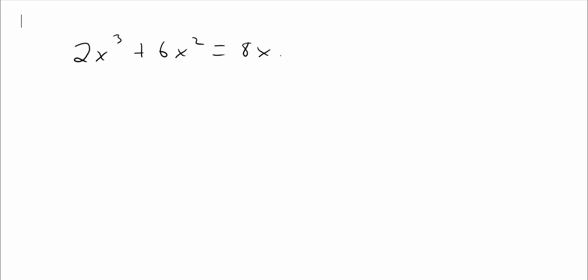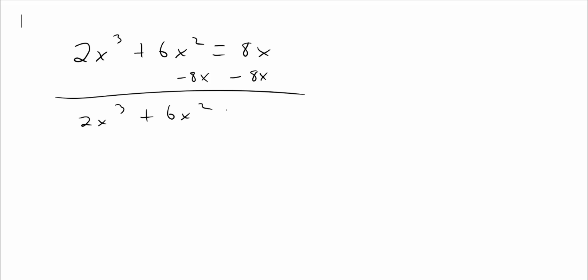Okay, that is the most complicated problem really you can get. The first thing I'm going to do is it's got to be equal to 0. So in order to get that equal to 0, I'm going to subtract 8x from both sides. So I get 2x cubed plus 6x squared minus 8x equals 0. That's the first step. Got to get it equal to 0.